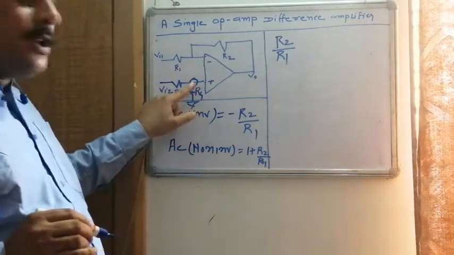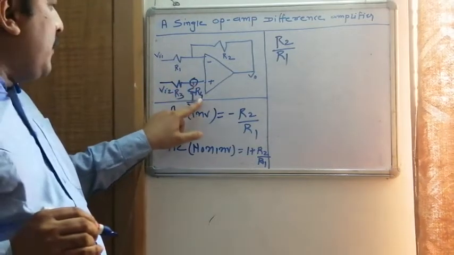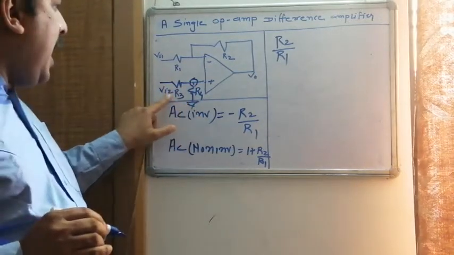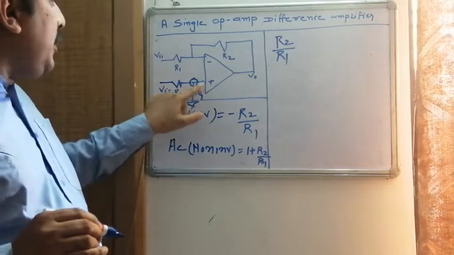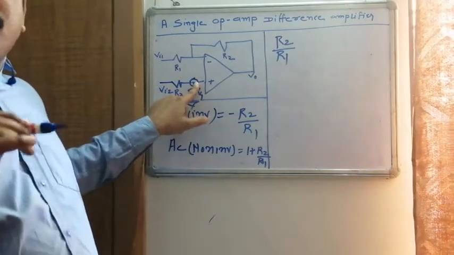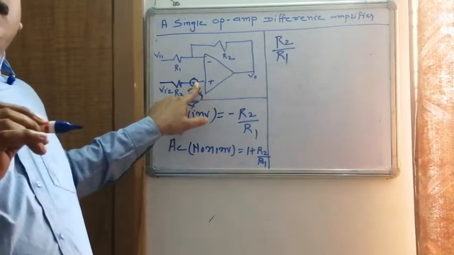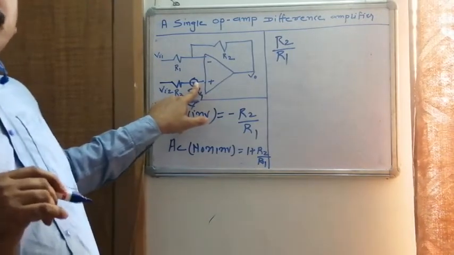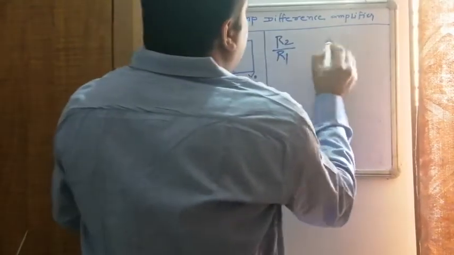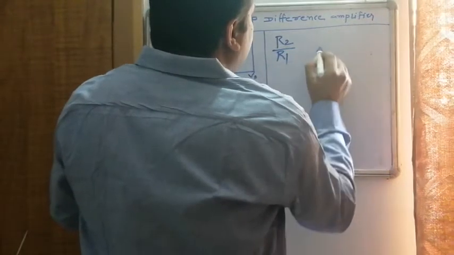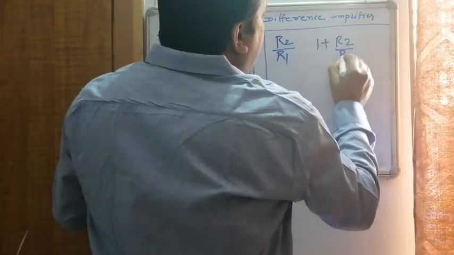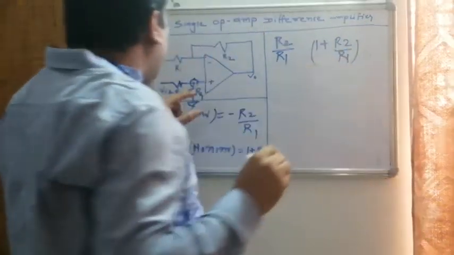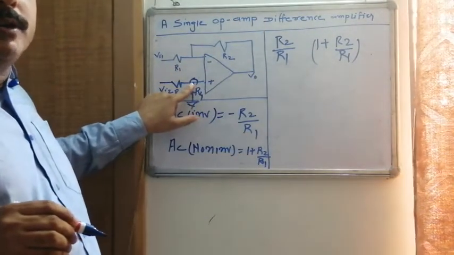The voltage at this point is R4 divided by R3 plus R4 multiplied by this voltage. So, we know the gain of the non-inverting configuration is 1 plus R2 by R1, times the voltage at this point. What is the voltage at this point?